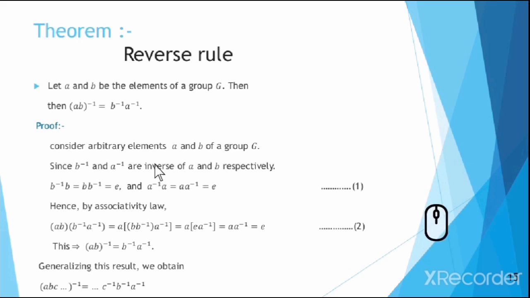Consider arbitrary elements A and B of a group G. Since A inverse and B inverse are the inverses of A and B, this is very clear. By the associative law, AB times B inverse A inverse gives the identity. A and B are general symbols, not particular elements here. If you multiply AB by B inverse A inverse, then by associativity you definitely get the identity. You can also generalize this result: for any n number of elements it holds. I think it's well clear.